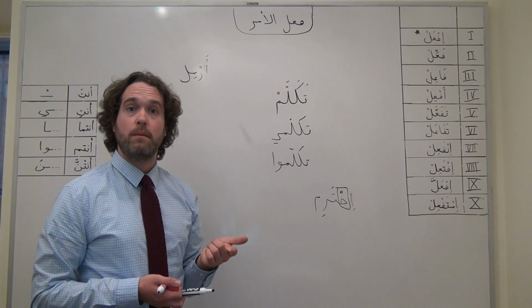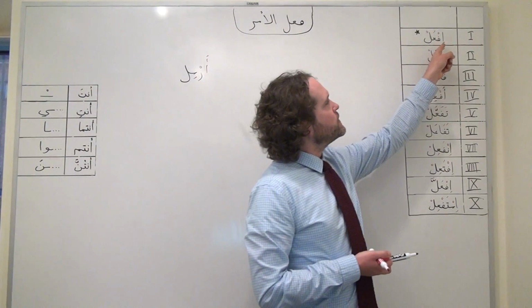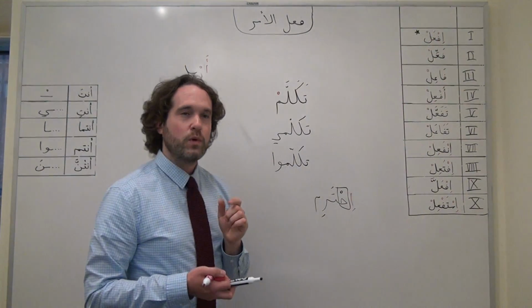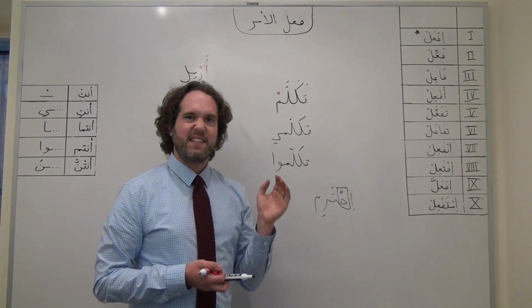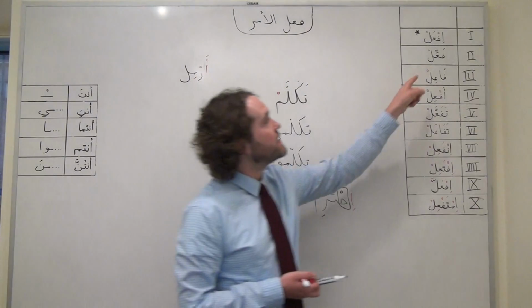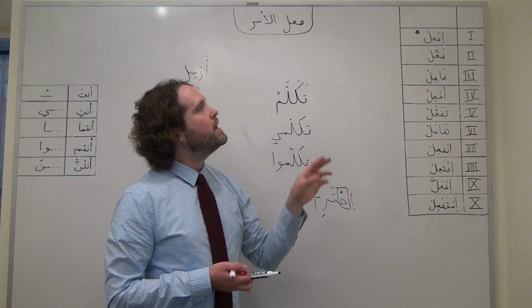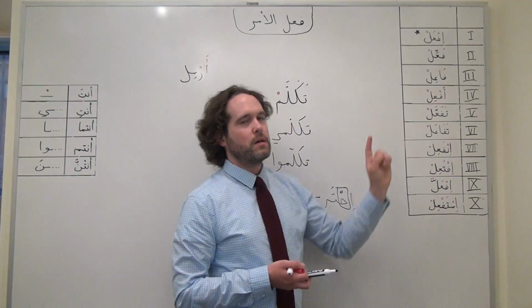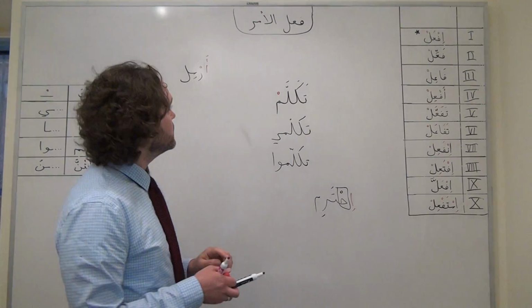It could be fatha or dhamma or kasra. And this vowel at the beginning is going to change depending on which one of those it is. If the middle vowel is a fatha or a kasra, we're going to maintain this kasra here at the beginning. But if the middle vowel is a dhamma, then we're going to add a dhamma at the beginning.